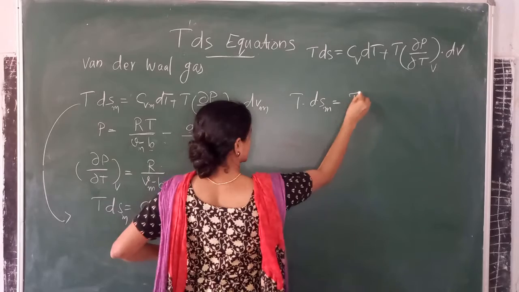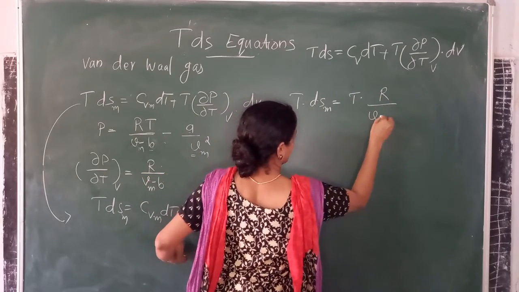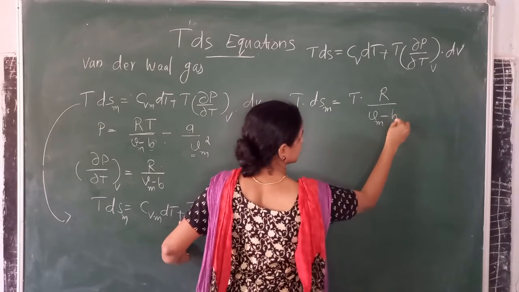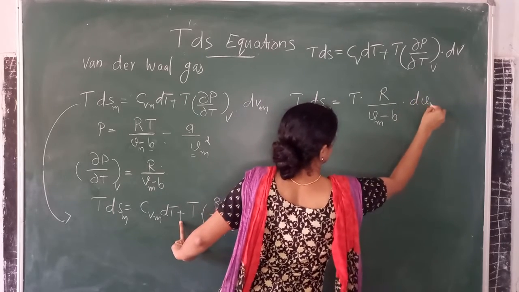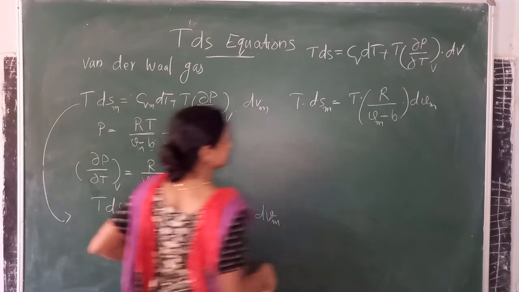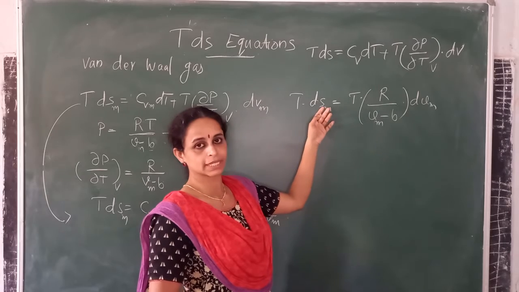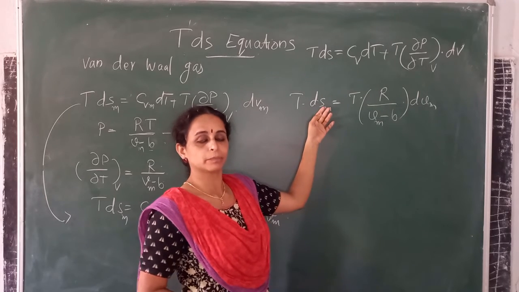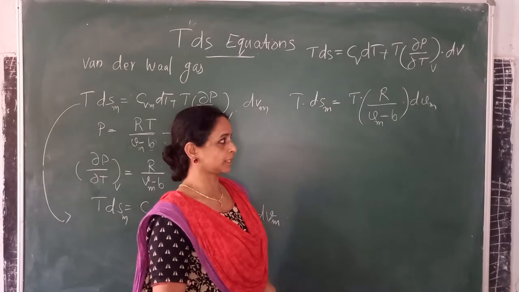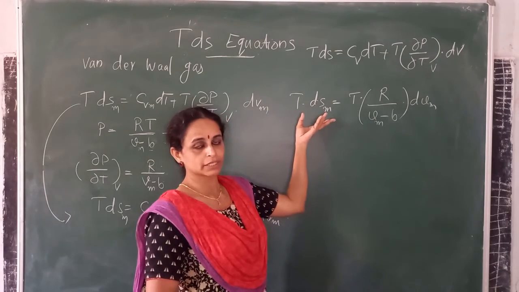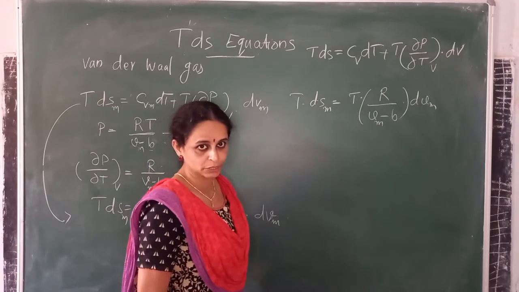So T dS equals T into R by (V minus b) into dV. This is the small heat transferred when 1 mole of a van der Waals gas is expanded isothermally. So this is actually T dS, which is the dQ value.